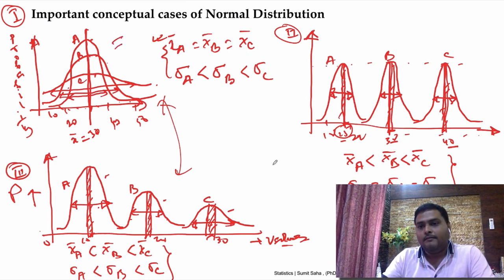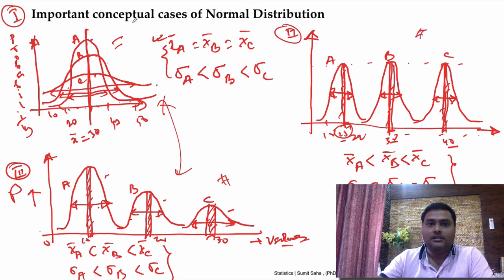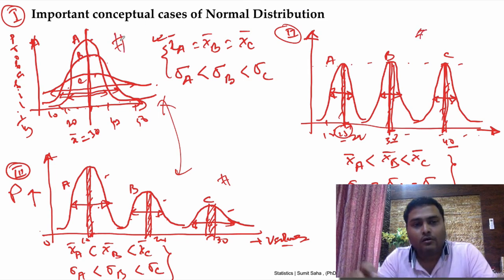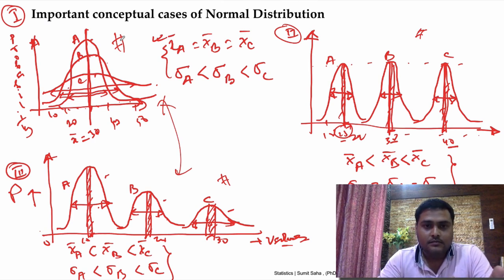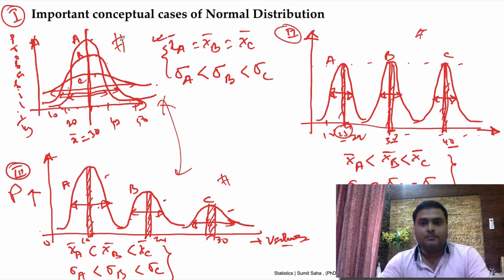If I say the standard deviation is the same but the means are different, then it represents this curve. But if I say the standard deviation and the mean are all different, then it represents this curve. These are all three types of combinations of the problems or the possibilities in statistics related to the normal distribution, and the relationship between all these curves' average and standard deviation has been represented here.